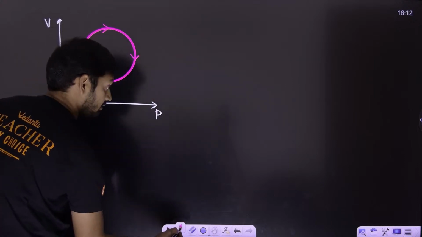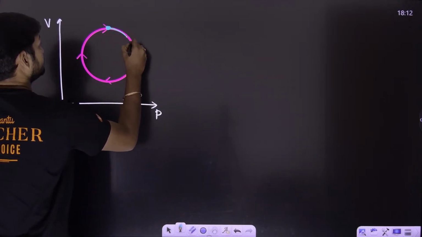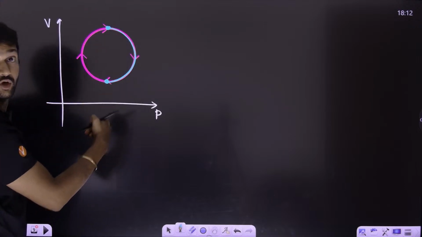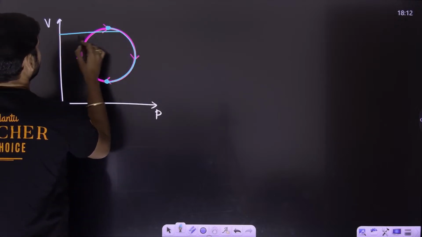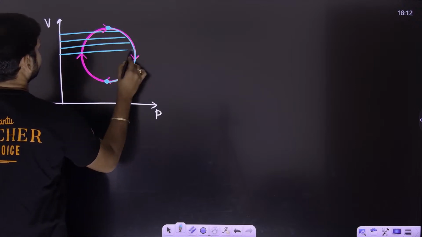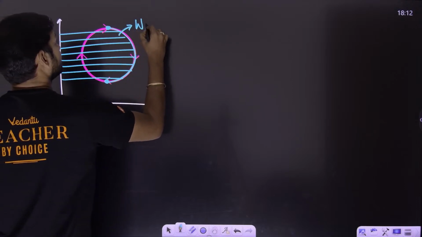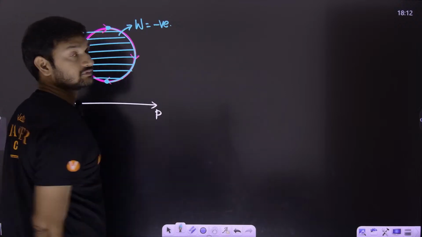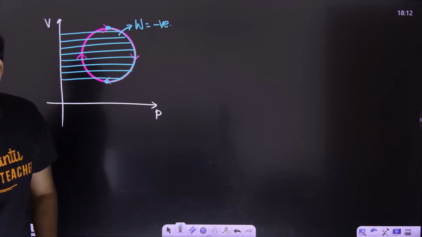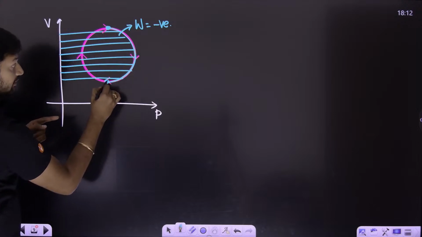Look, I will mark from this point to this point as 1. So when I am moving from here to here, what is happening to the volume? Volume is decreasing. So the area bound with the V axis is going to be automatically negative. Okay, look, I started here at a greater volume. Now when I have come over here, volume has decreased.